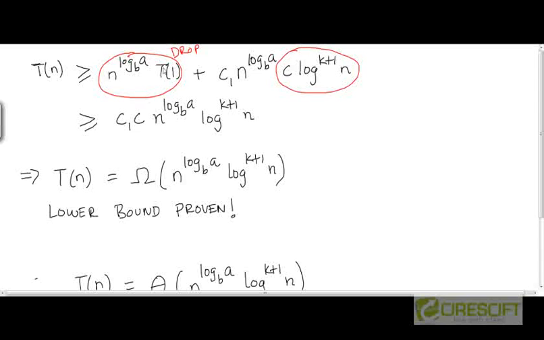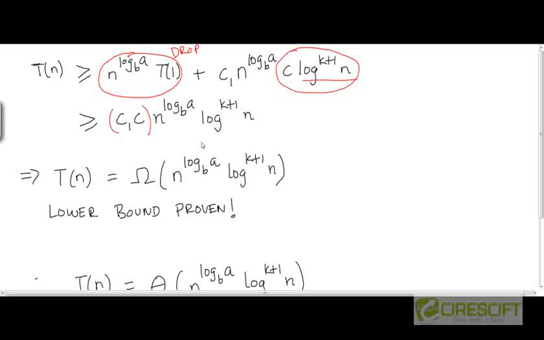So T of n, which was greater than or equal to this expression, will definitely be greater than or equal to the second expression by itself, which can be written as some constant times n to the power log base b of a multiplied by log to the power k plus 1 of n, which we get from here. So we have proven that T of n is bounded from below by a constant multiple of n to the power log base b of a times log to the power k plus 1 of n.